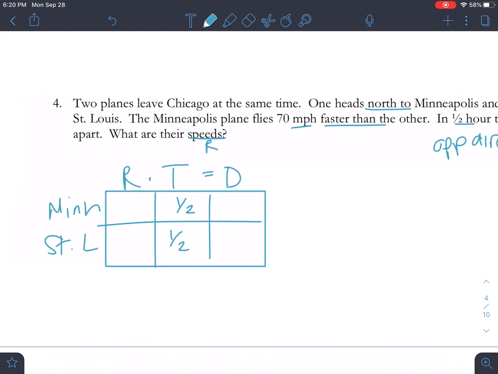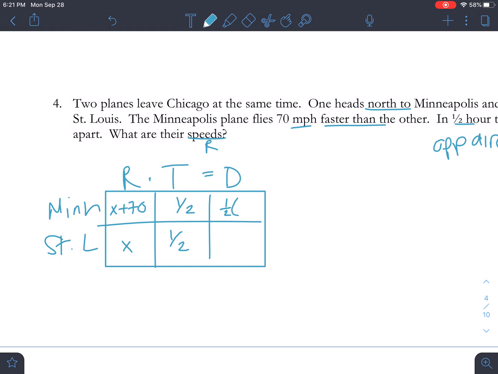And then for rate, okay, it said Minneapolis is 70 miles per hour faster than St. Louis. So I would do something like this: X and X plus 70 miles per hour faster. Okay, so we don't know the distance. We're talking about, how far apart are they? We're going to add those distances together. We know they're 350 miles apart.